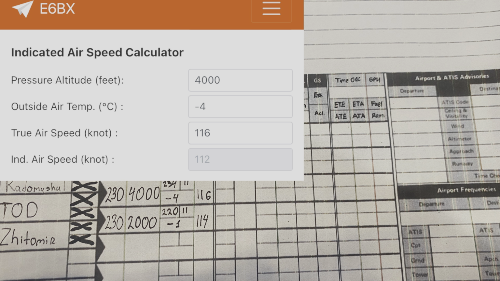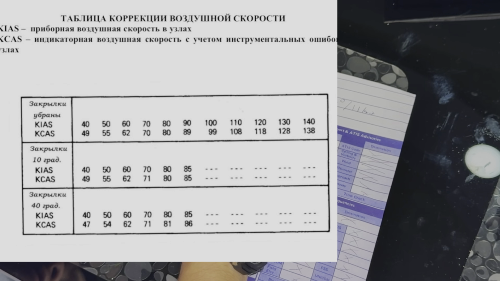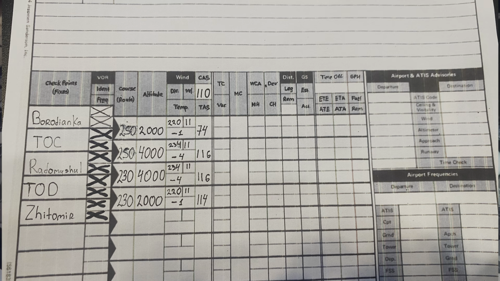Calculation of CAS, we can calculate EAS by ESXB. It will be 112 knots. So CAS, according to the next table in the flight manual, will be 110. We need CAS for some calculations in the future. The next column is column of true course.